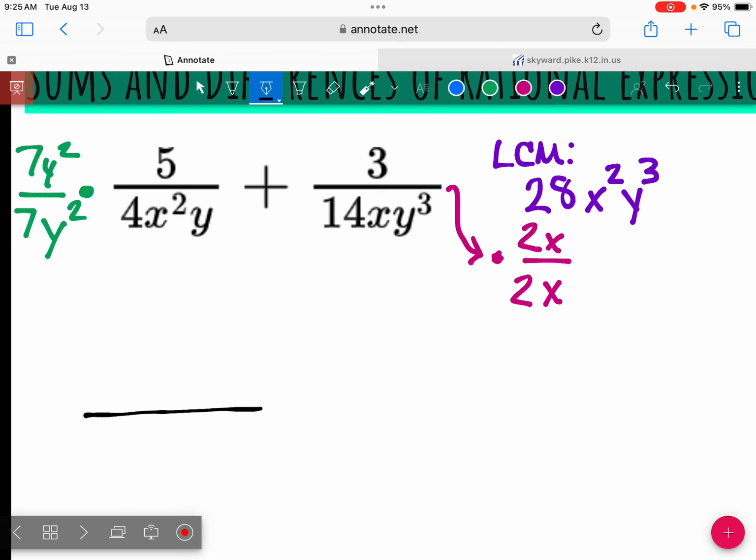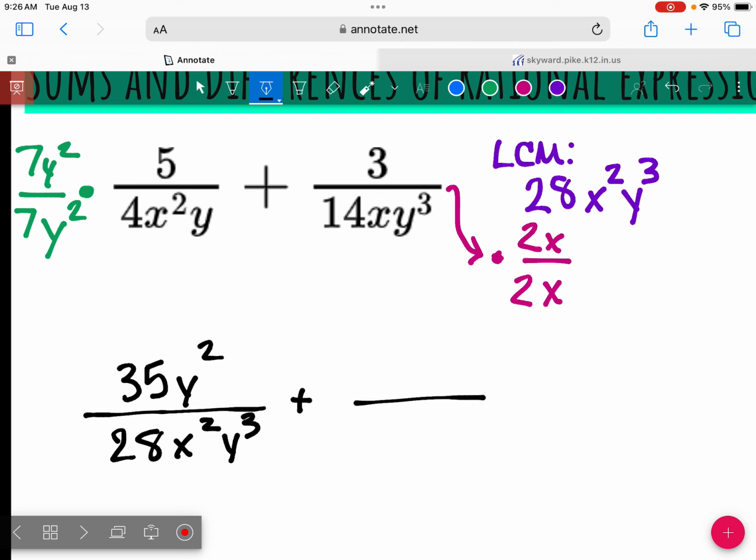So I'm going to do those. We're going to wind up with our denominator of 28x squared y cubed. What's my numerator for the left fraction? 35y squared. What is going to be my numerator over here? 6x.